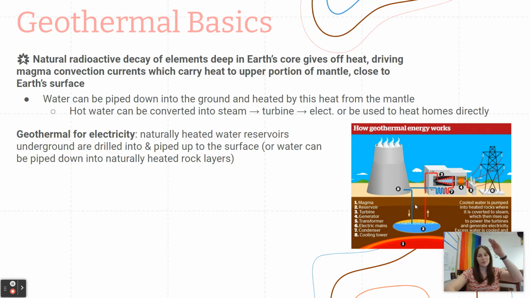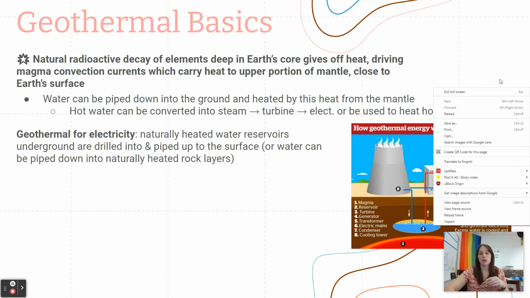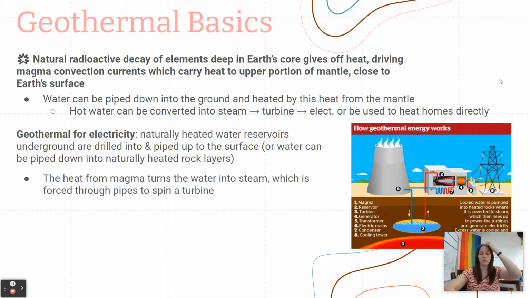And then once again, we spin a turbine, which drives the generator, which then goes to electricity there. You can even use it to directly heat homes, which we'll talk about in a bit. But this is using geothermal for electricity production that can be used throughout all businesses and places connected to the power grid.